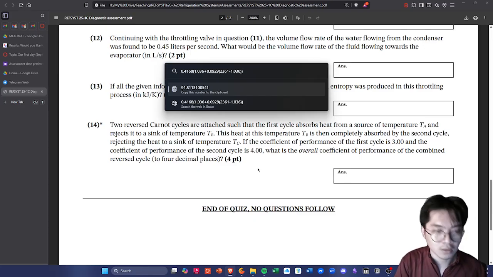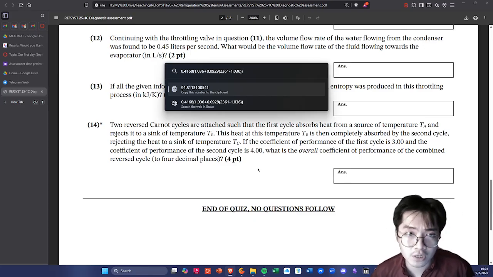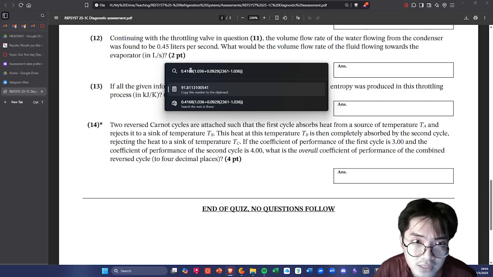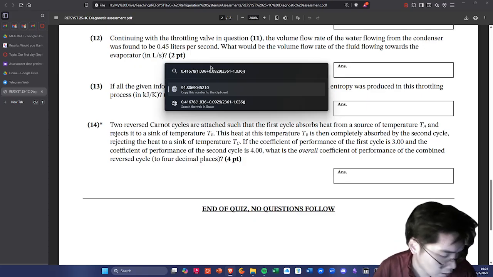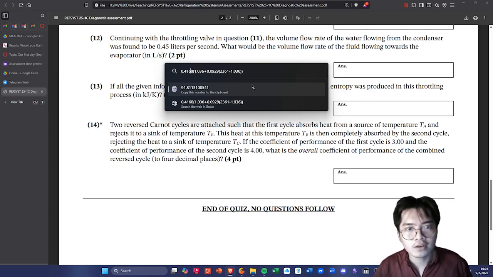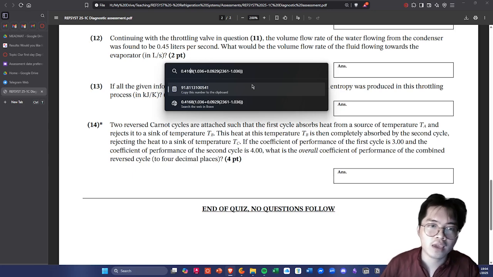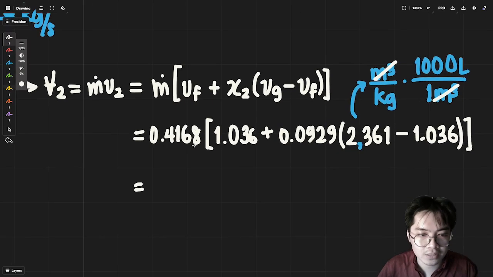My answer here is actually 91.85, but that's because I did not round off the 0.4168. Let me see if I can make that pop out. Okay, yeah, this works generally. 91.81. That is now our answer.